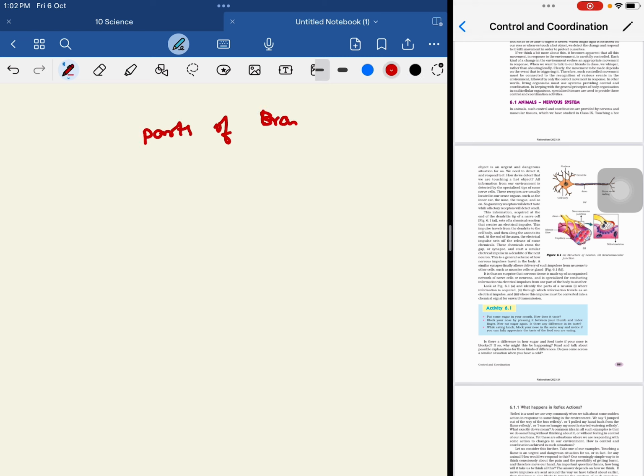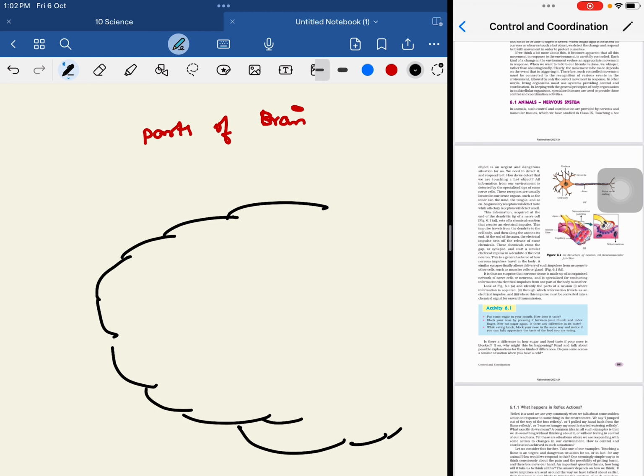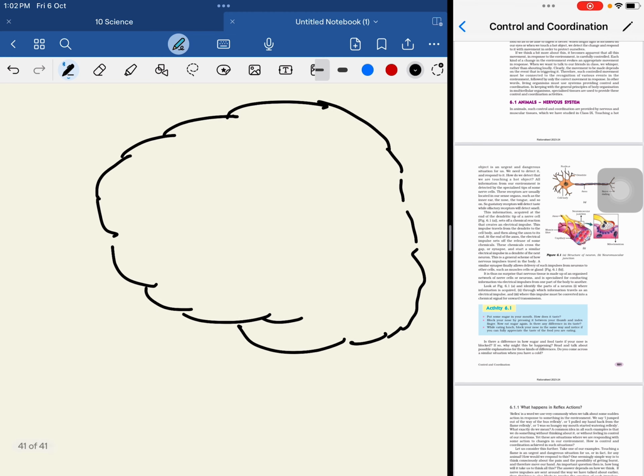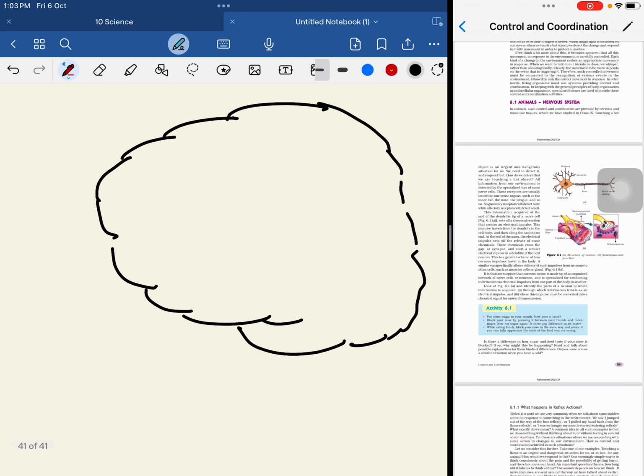Listen carefully. The brain has three parts. We will definitely explain them. This is the forebrain.